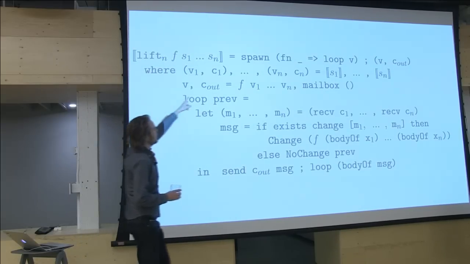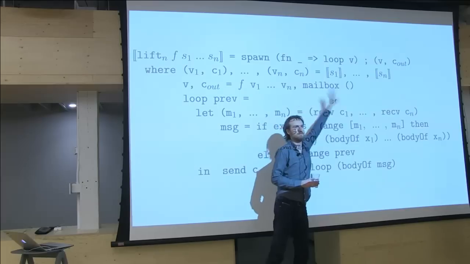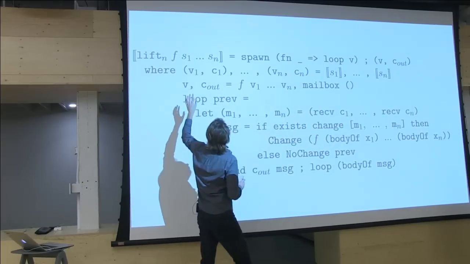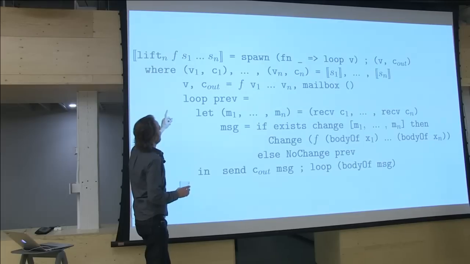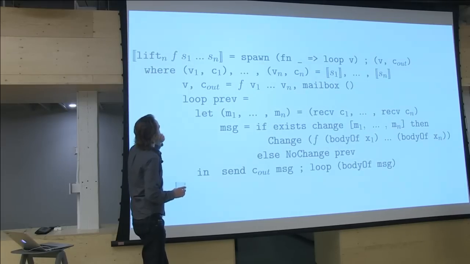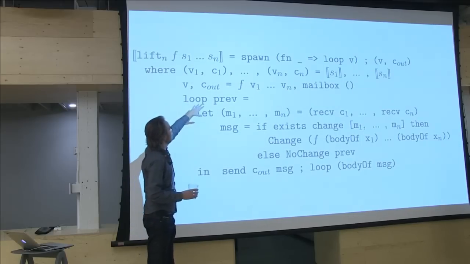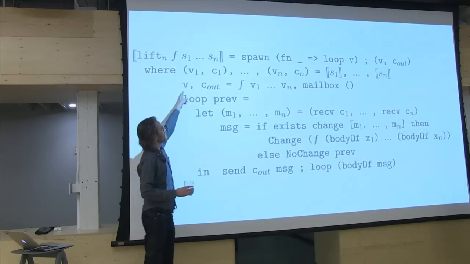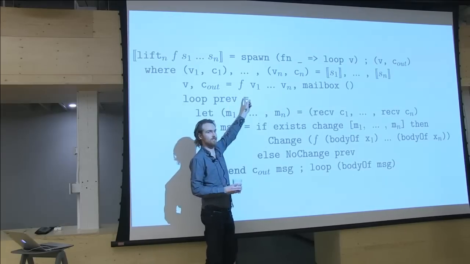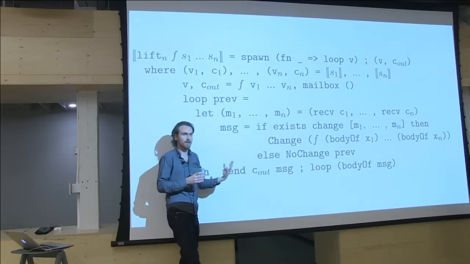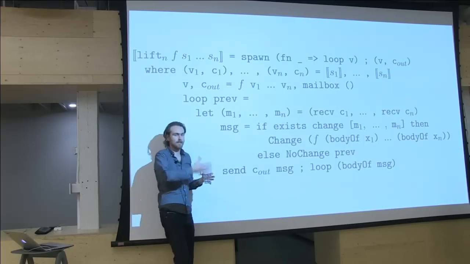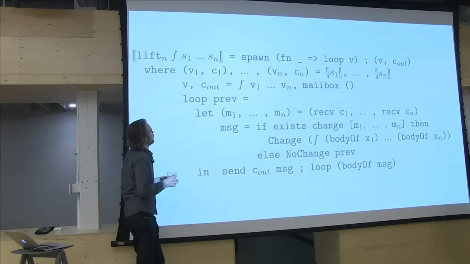So here we have potentially a bunch of signals, and we make a bunch of pairs out of it, and we make an output, and our first value is going to be this function applied to all of the initial values. So the initial value is what you'd expect from a lift node.